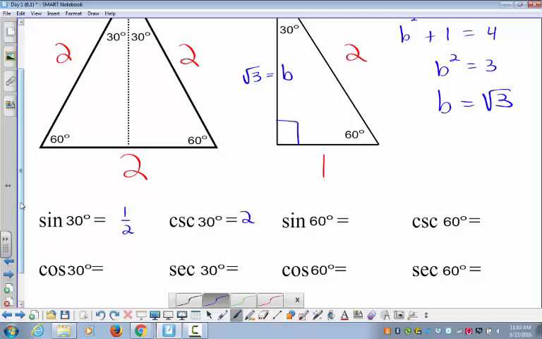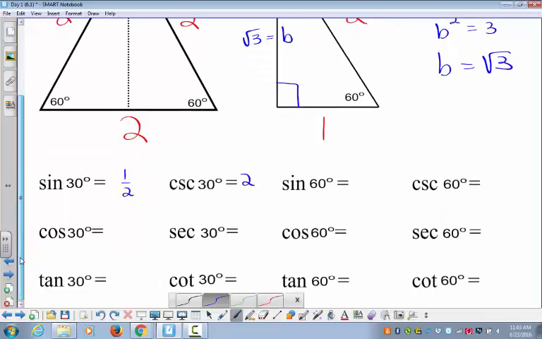All right, cosine of 30 degrees. So looking up there, cosine, the adjacent side is square root of 3. Hypotenuse is still 2, so we get root 3 over 2. Which makes the secant 2 over root 3, and if we rationalize that, we get 2 root 3 over 3.